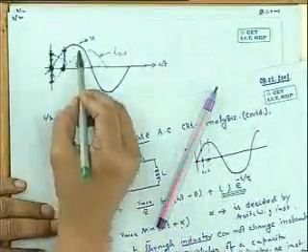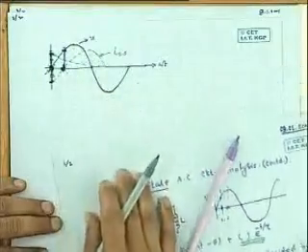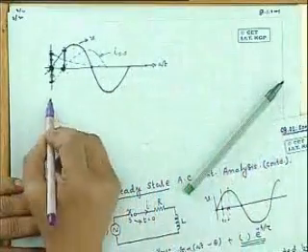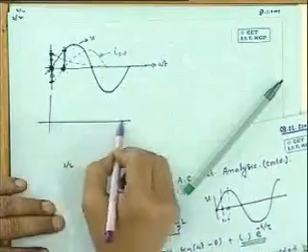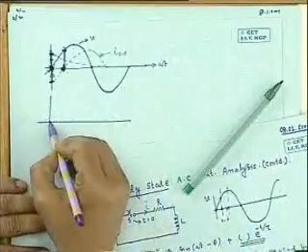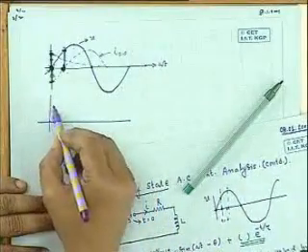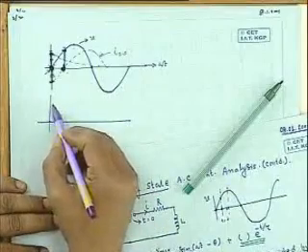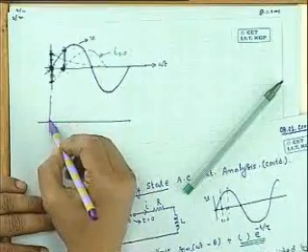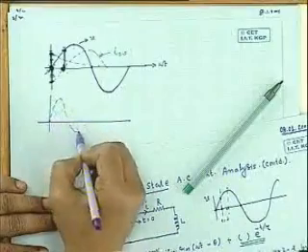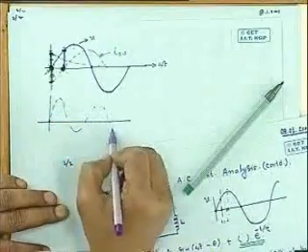Therefore, the total response of the circuit, if I plot the current waveform, will start from 0. Initially, for some 1.5 cycles or 2 cycles, this current response will be somewhat asymmetrical.